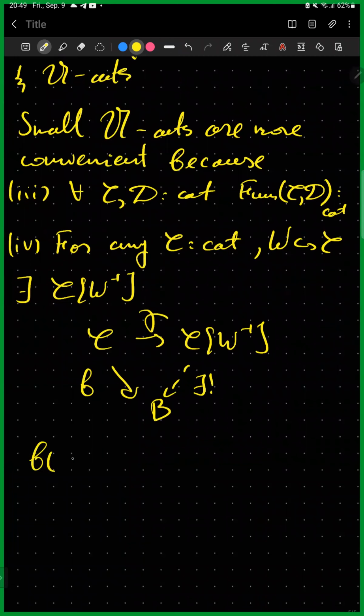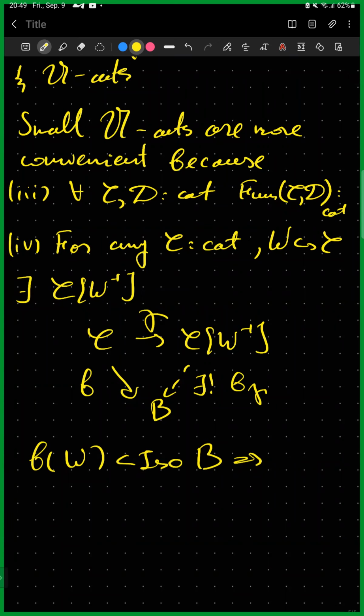So B of W is a subcategory in isomorphisms of B. This implies existence and uniqueness of the functor B gamma, which makes this triangle commute.